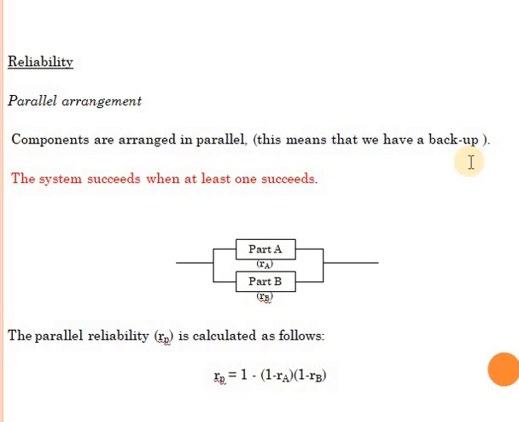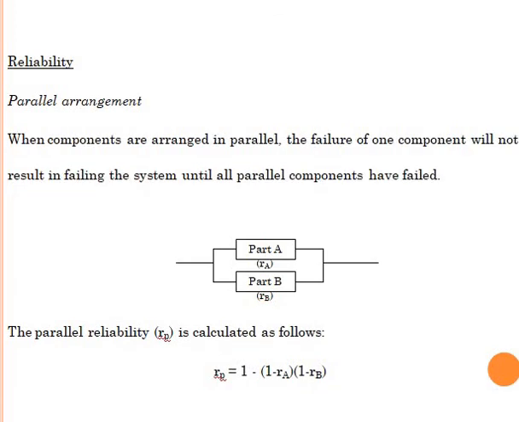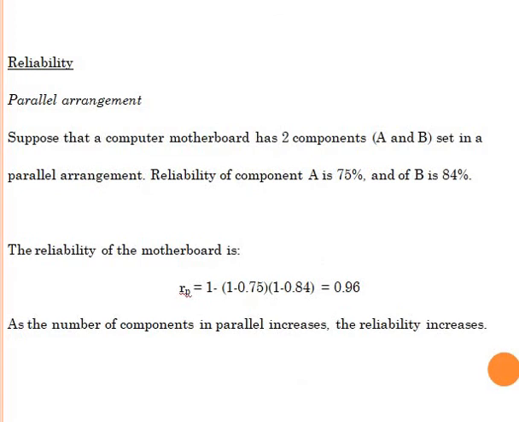So the reliability of a system whose components are arranged in parallel is calculated in this way. Reliability equals 1 minus (1 minus reliability of A times 1 minus reliability of B). So a product with components arranged in parallel will not fail until all the components fail, and it will function when at least one of the components stays functional.